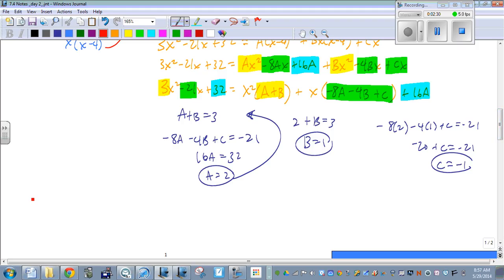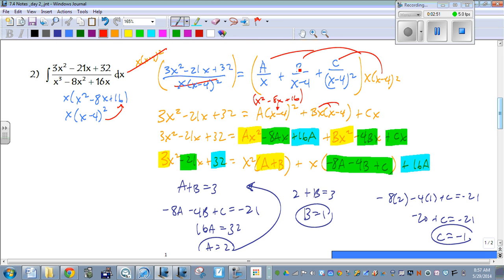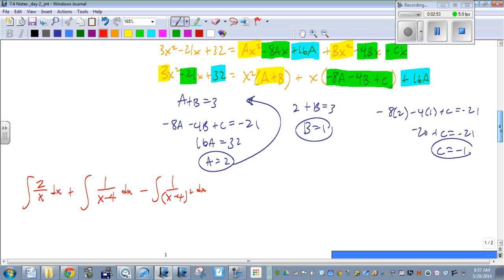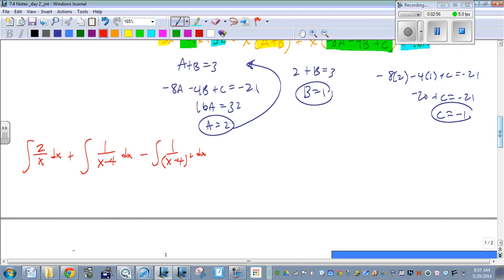So we're going to do antiderivative of 2 over x dx plus the antiderivative of 1 over x minus 4 dx minus the antiderivative of 1 over x minus 4 squared dx. All right, just taking a, b, and c, substituting them in here, and now we're doing the antiderivative of each of those. Well, this first one, we can go ahead and bring that 2 out in front.